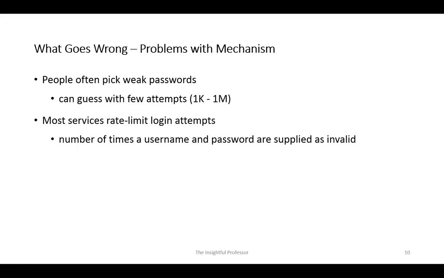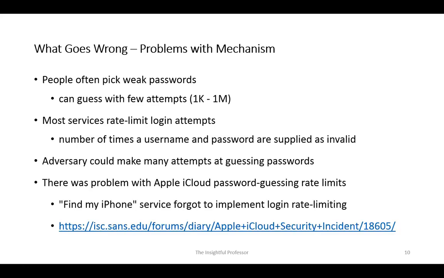This would be the number of times a username and password are supplied as invalid. Typically, what will happen is the account becomes locked or some other action is taken, which effectively will deter the guessing of passwords. A situation where this arose occurred with Apple iCloud and the password guessing rates.